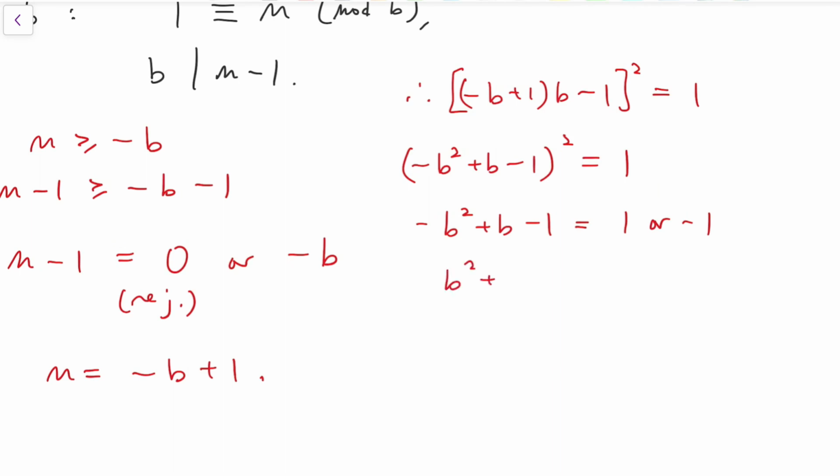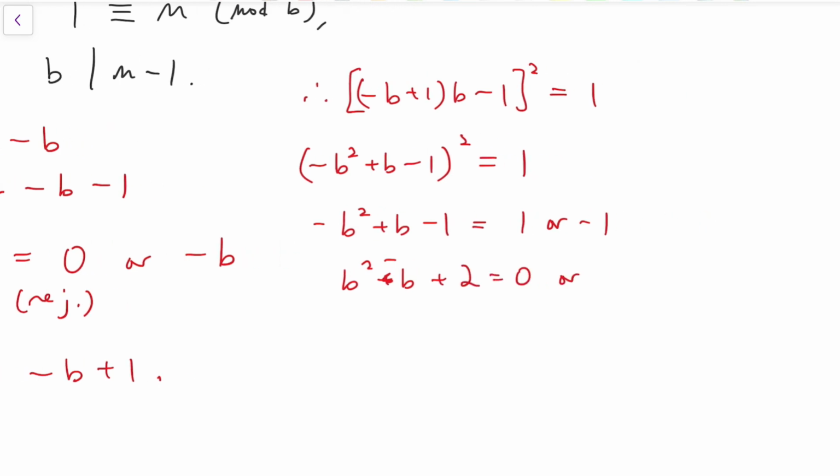Then from this we have b squared minus b plus 2 equals 0, clearly no solution, or b squared minus b equals 0. And that means b equals 0 or 1. But this is under the first assumption in this solution that b has to be larger than 1. So that means for this part we have no solution.